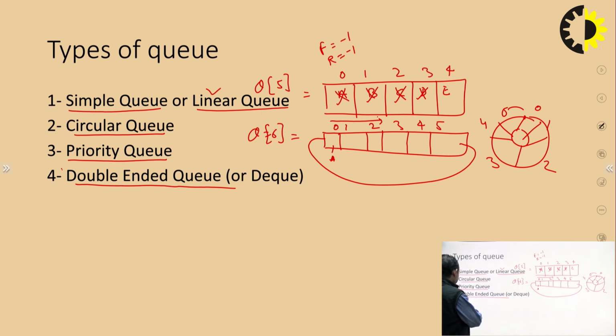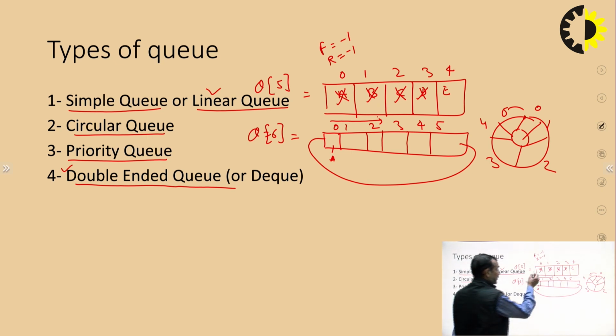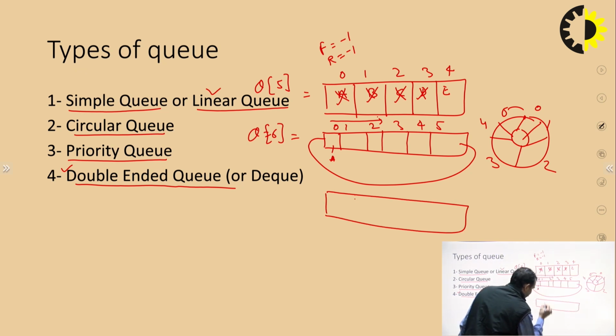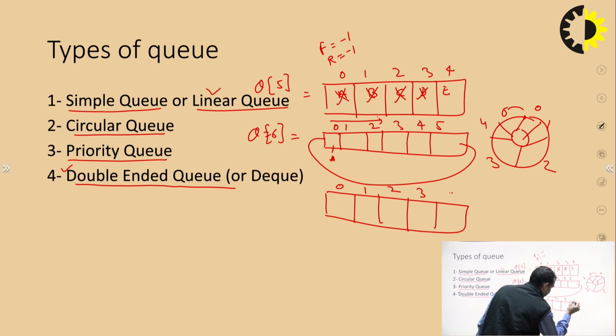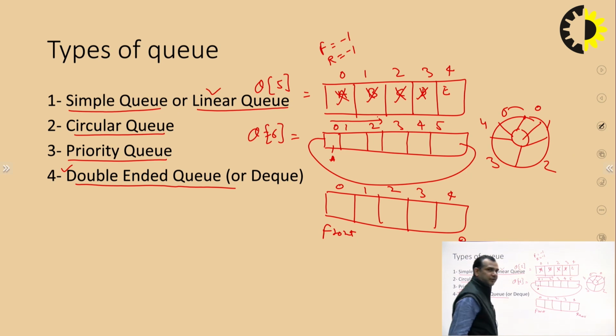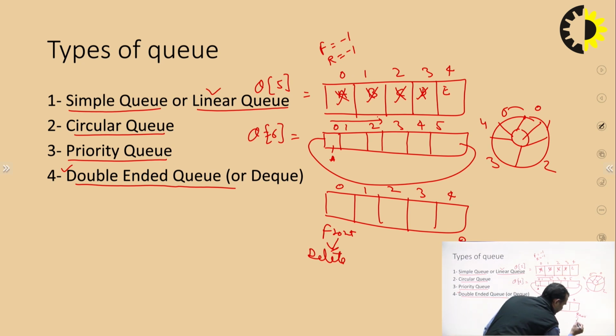And the next is the double-ended queue, or we can say the DQ. If we have a queue, this is the front end and this is the rear end. Right now we only delete from the front and insert from the rear.